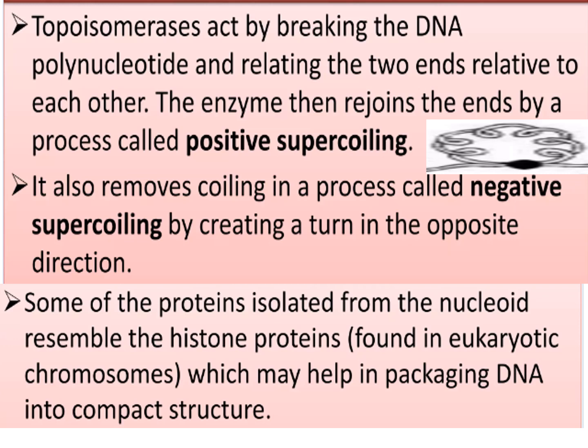While making the turns, it can also remove the coiling in a process called negative supercoiling, which means it makes the turns in the opposite direction. So by playing both positive and negative supercoiling, the topoisomerase enzyme helps the DNA to pack inside the prokaryotic cell.